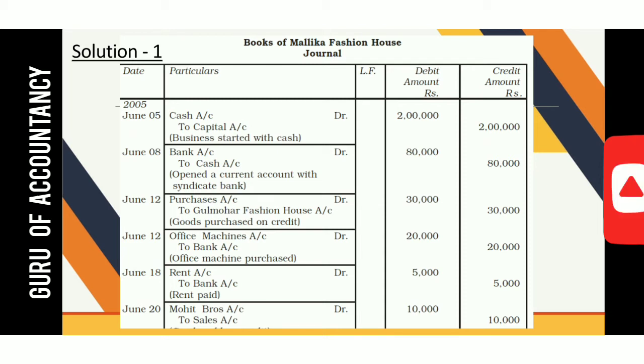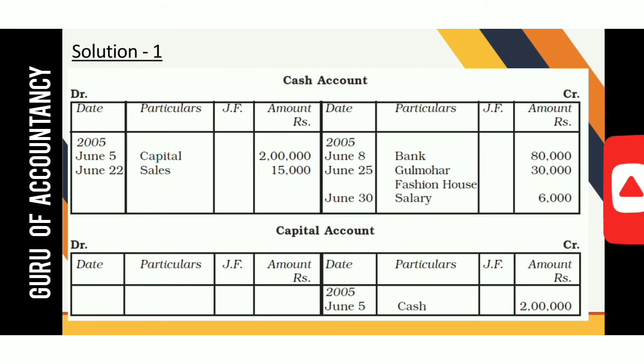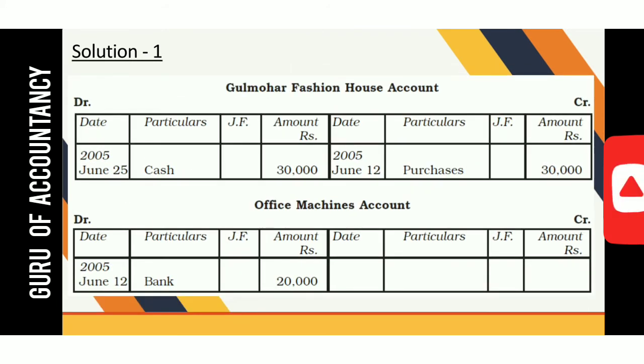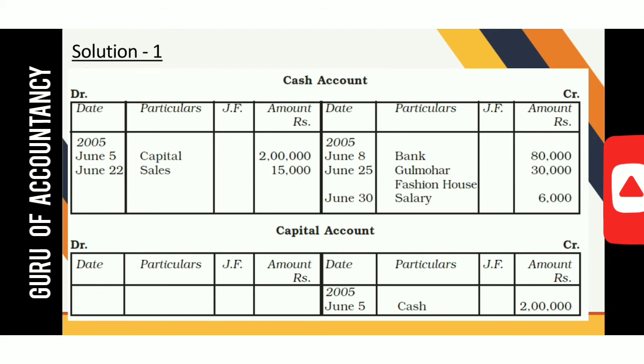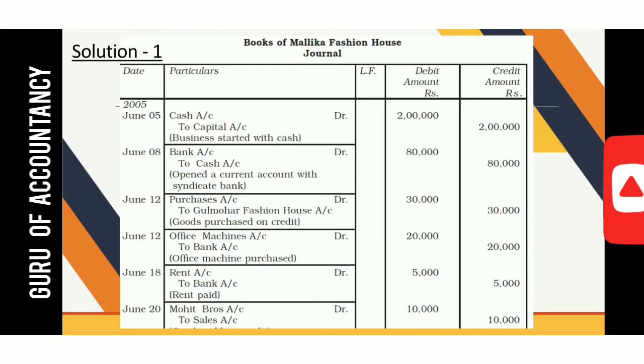Gulmohar Fashion House. So in the Gulmohar Fashion House account, on the credit side you will write by purchase. On the credit side you will use the word by. By purchase 30,000. So let us see Messrs. Gulmohar House. You can see here, credit side, June 12 is written, by purchase 30,000. So in this way, for all the transactions, posting would be done.